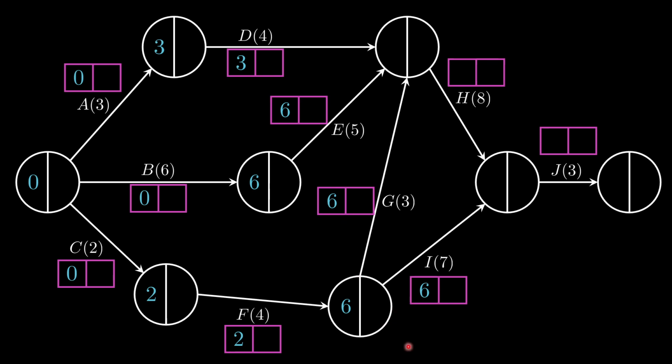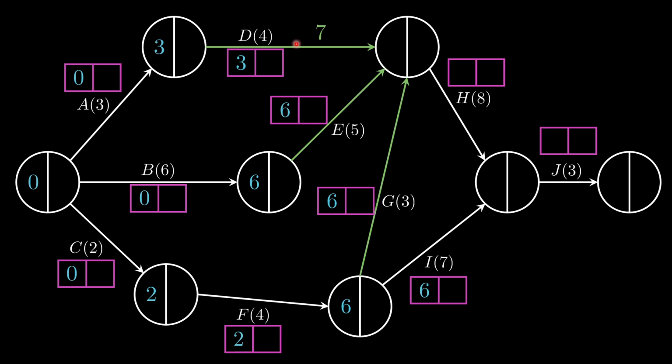And only then can we look at the checkpoint up here, because remember this guy, I only arrive at him when I have done activities D and E and G, every arrow going into that vertex. Okay, so now I can look at this checkpoint here. Well, how long will it take me to land here? Well, D starts on day 3, but it takes him 4 days. So that means that D can be done by day 7.